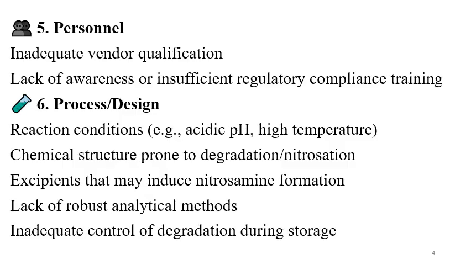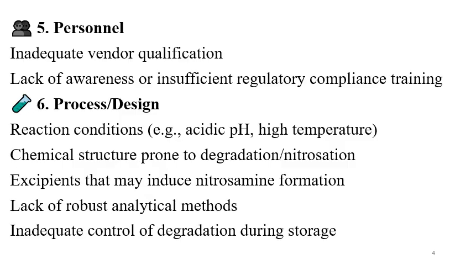So if the reaction conditions involve higher pH, acidic conditions and high temperatures, then there is a chance that nitrosamines get formed or the product can get contaminated. Sometimes the chemical structures are prone to the degradation or nitrosation reaction, and that's why can introduce the nitrosamine impurities.